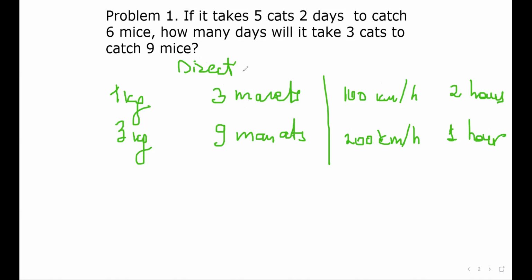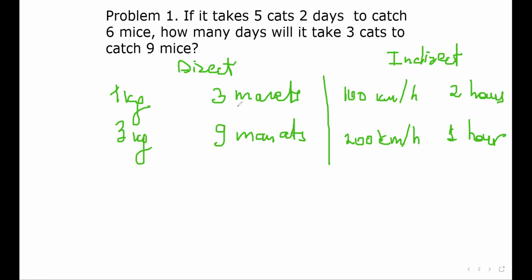And the second example is indirect proportion, because here we have an obvious speed increase, which results in a time decrease, a corresponding decrease. So increasing speed results in decreasing time.